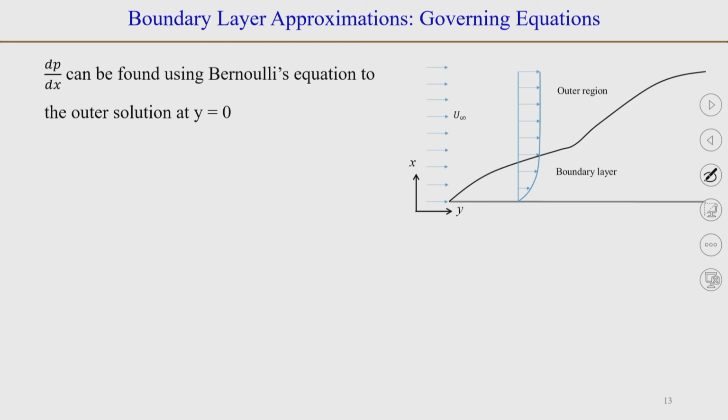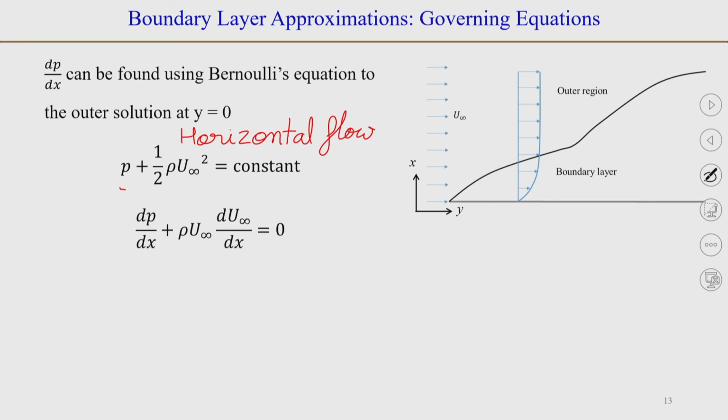Okay. And we can use Bernoulli's equation for the case of a flat plate, for a horizontal flow where z is not changing. We can use Bernoulli's equation to write p plus half ρ u∞ squared, which is constant from Bernoulli. So, we can differentiate it with respect to x.